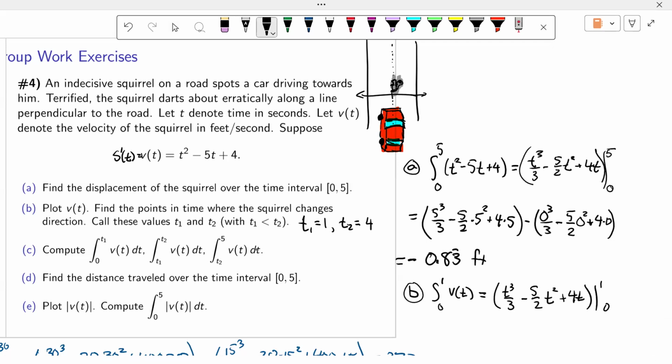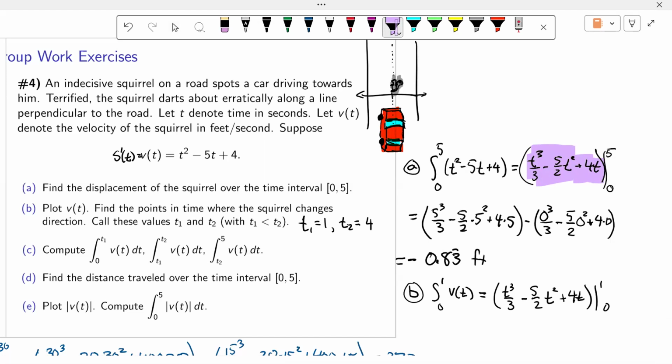I want you to notice that you can have a little bit of a shortcut here. When I do this integral from 0 to 1 of V(t), I've already figured out an antiderivative for my V(t), right there. And so really what I'm doing is plugging 1 and 0 into that function.